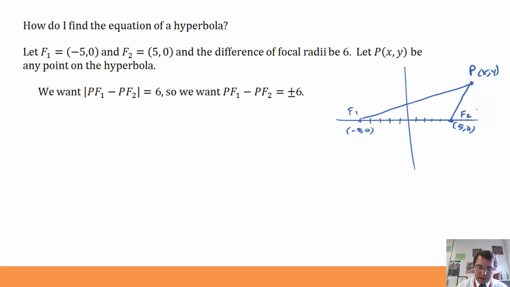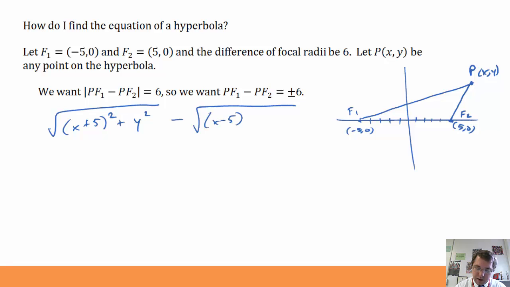The distance from P to F1 is the square root of (x minus negative 5, which is plus 5) quantity squared, plus (y minus 0) which is y squared. Then subtract the distance from P to F2, which is the square root of (x minus 5) quantity squared plus y squared. That needs to equal plus or minus 6.